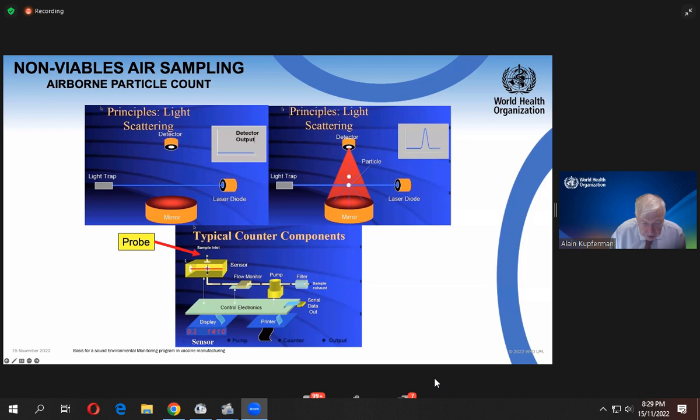Because you may have microorganisms, bacteria or virus, you have a sample exhaust, and the sample exhaust goes through a filter to avoid that you pump your bacteria, your virus out. Then you have all the control electronics, and that can go to serial data. I mean, you can go to a SCADA, to another system, you can have a printer, and you have a display. And you can, of course, connect this to an alarm. So this is what is explained here.